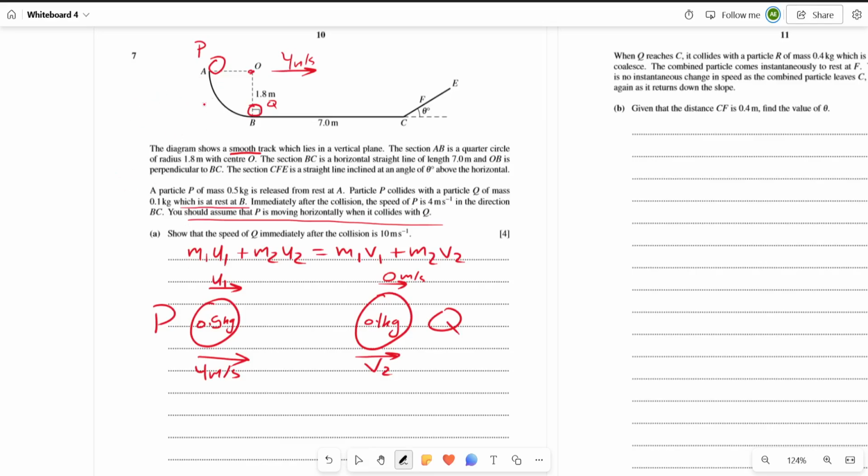We have been given some information about P, that it started at rest and moved along this quarter of a circle. So it looks like P had some gravitational potential energy that changed to kinetic energy. So basically we're looking at work and energy transfer.